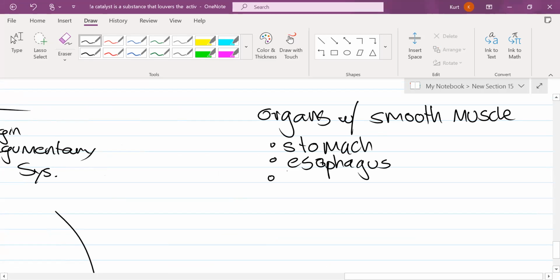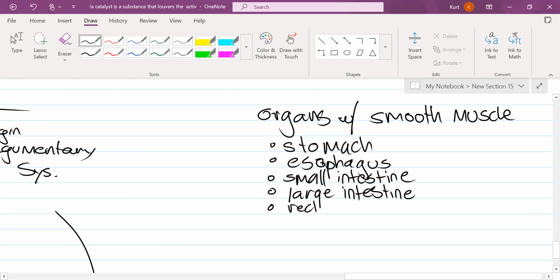What does your stomach lead to? Small intestine. What does your small intestine lead to? Large intestine. What's the end of your large intestine? Rectum is on the inside. Anus is on the outside.